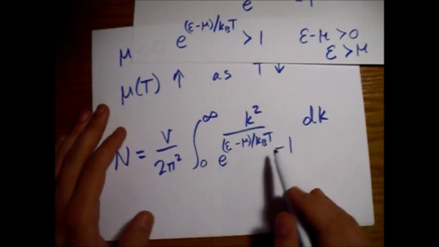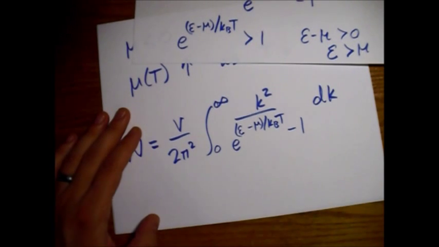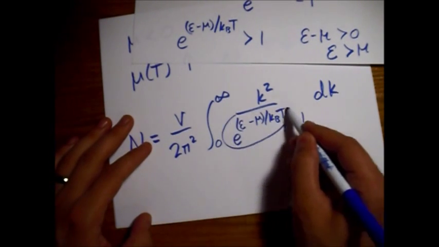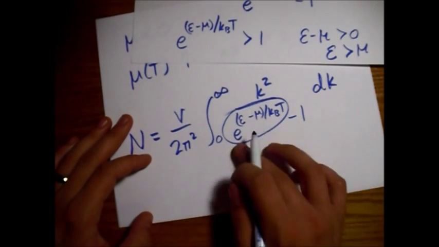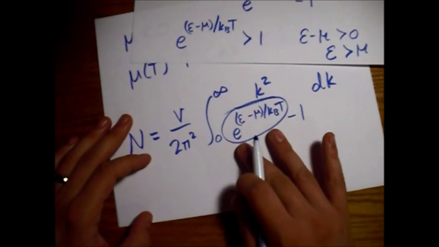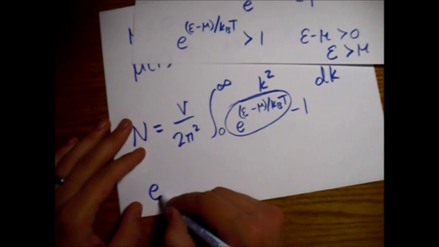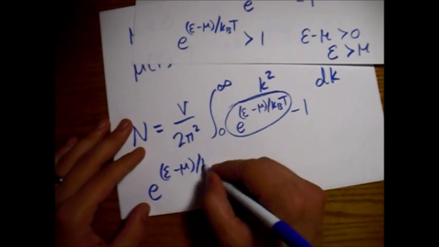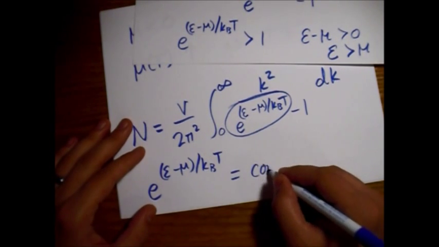With k constant, the exponent down here is where things are changing, but this whole exponential has to be constant. So e to the (epsilon minus mu) divided by kBT is equal to a constant.